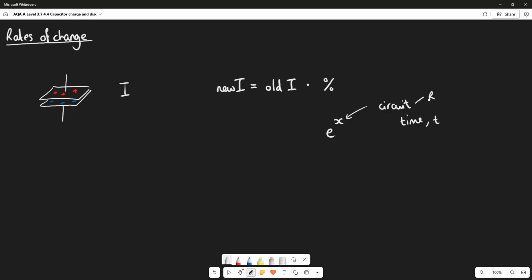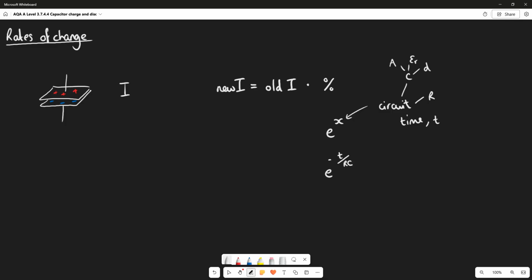The value of the resistor, the value of the capacitor, and the capacitor depends upon the area of the plates, it depends on the dielectric, it depends on distance. And what we end up with is e to the power of time over resistance times capacitance.